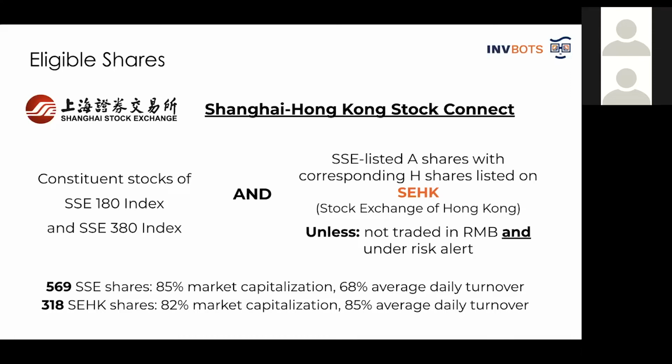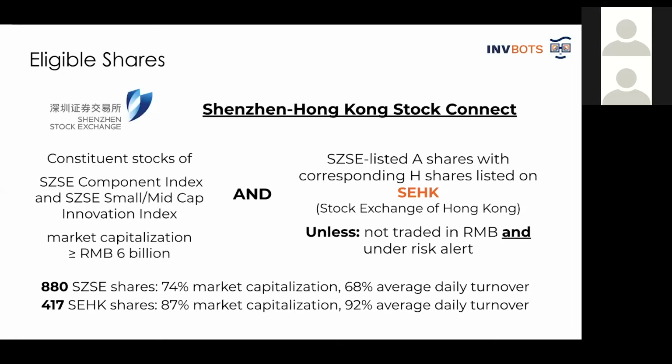There are about 570 SSE shares, which contribute 85% of the market capitalization, and more than 318 SEHK shares, which contribute 82% of market capitalization. In the Shenzhen-Hong Kong Stock Connect, the constituents of the SZSE Component Index and the SZSE Small or Mid Cap Innovation Index, with market capitalization larger than or equal to RMB 6 billion.